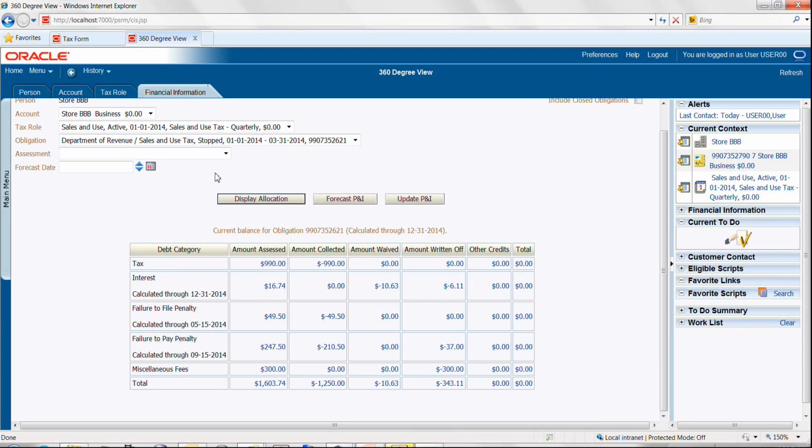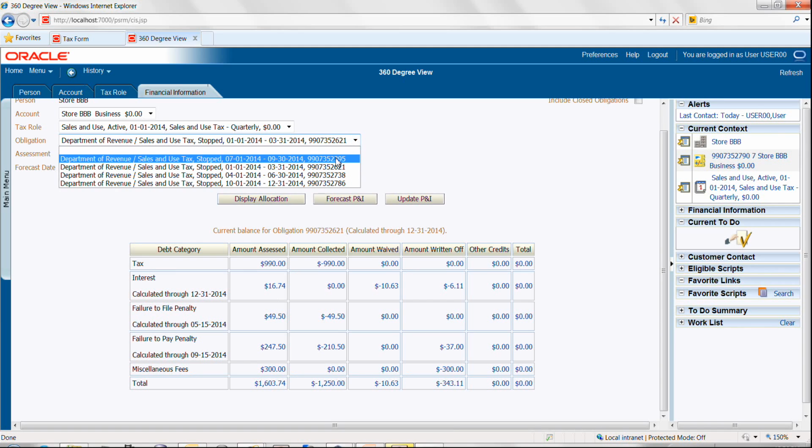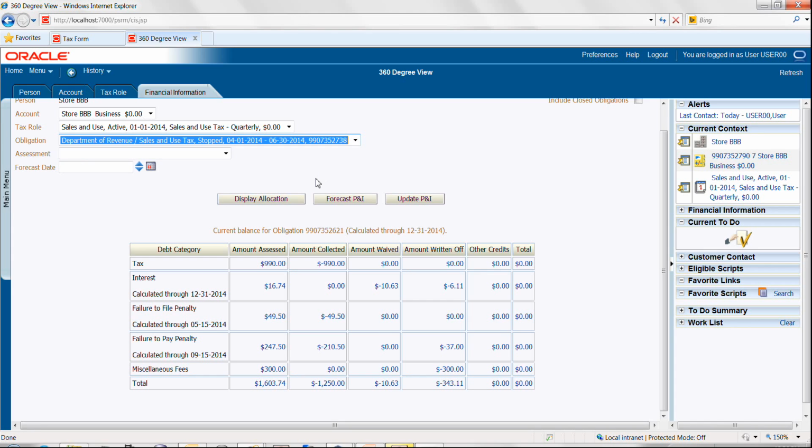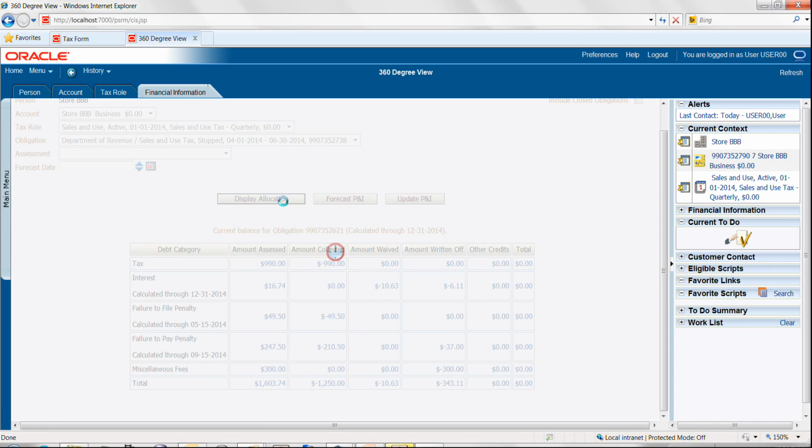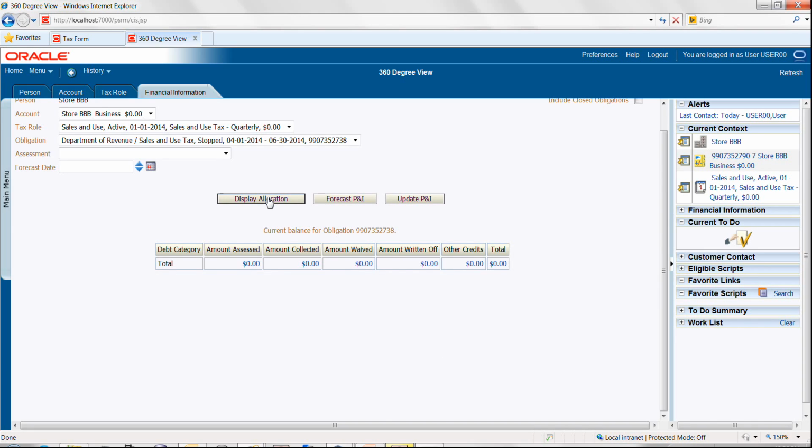That's what we did last time through the overdue process. And if we have a look at the other types of obligations, there haven't been any tax forms submitted for the second quarter, and therefore there are no financial transactions.